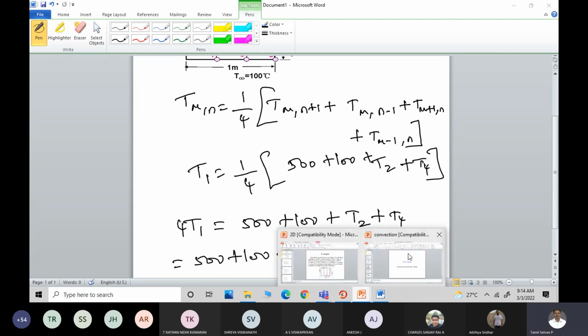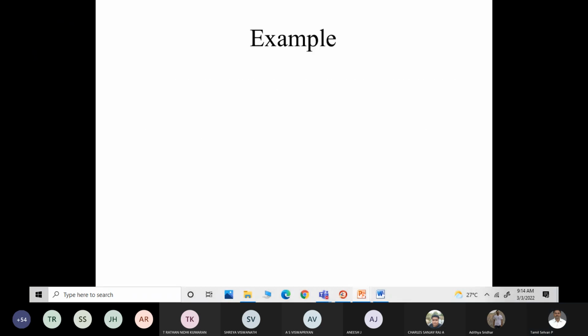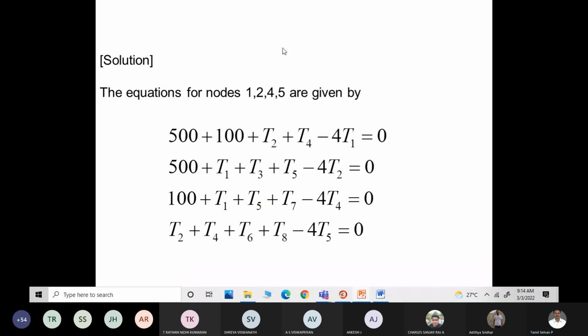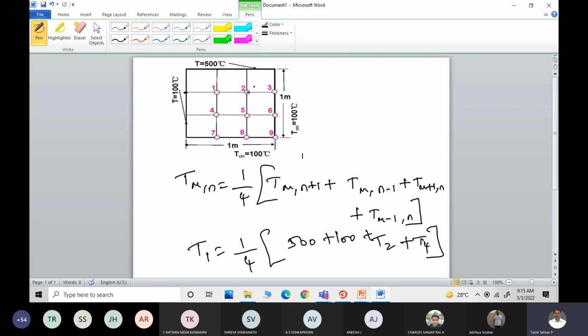So this is what is mentioned here: 500 plus 100 plus T2 plus T4 minus 4T1. Is it okay, students? Similarly you can write it for other interior points.